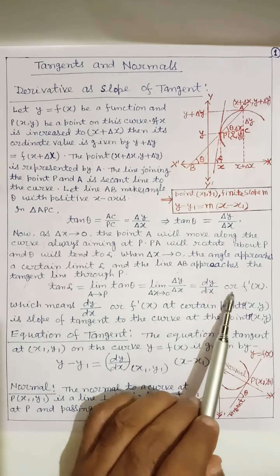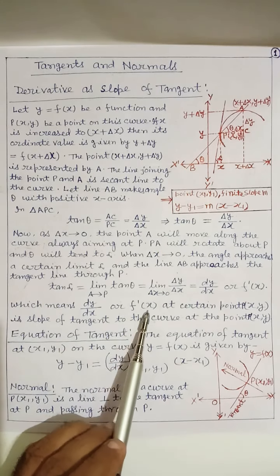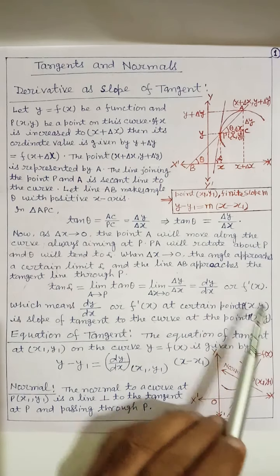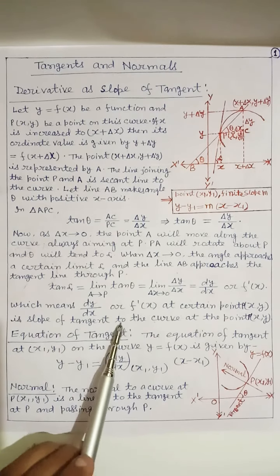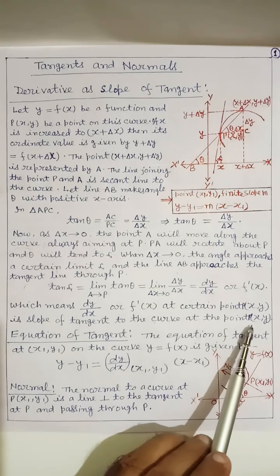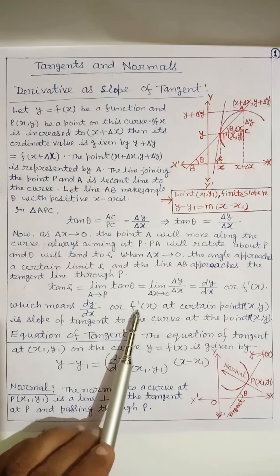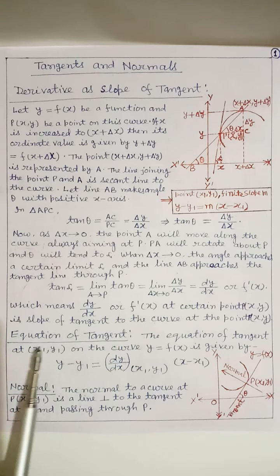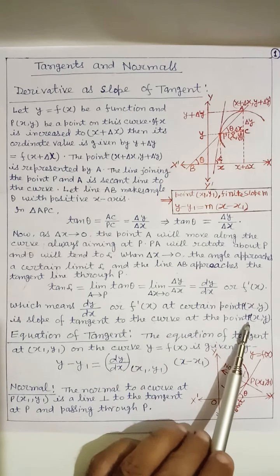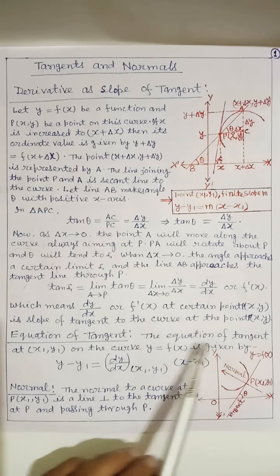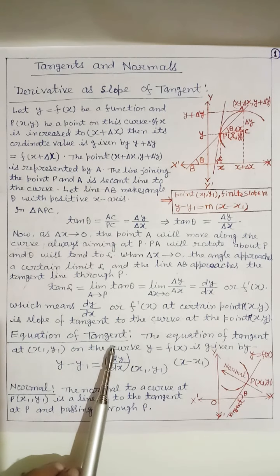Dy by dx or f dash x at a certain point P(x, y) is the slope of the tangent to the curve at the point P(x, y). Using this result, we will find the equation of tangent.